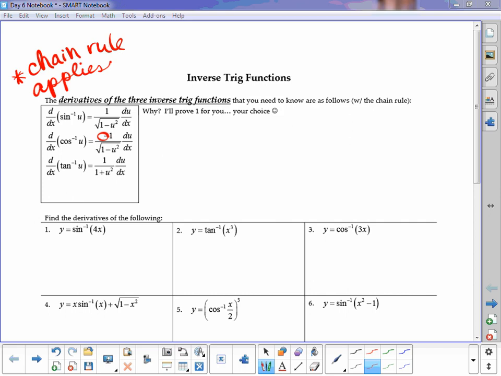What would you like? Inverse sine, inverse cosine, or inverse tangent? Raise your hand for sine. Cosine? Tangent? Alright. So we'll go ahead and do inverse tangent here. It's the same idea, same process for each one, just starting out with a different function. Okay. So let's let y be our function here.